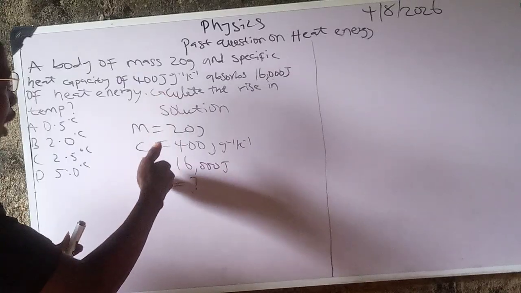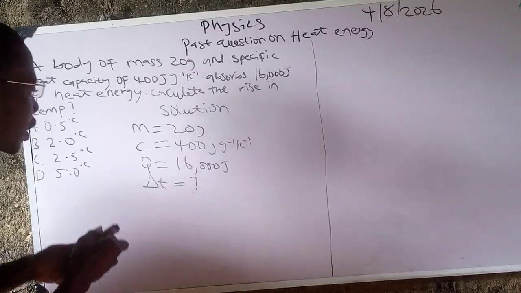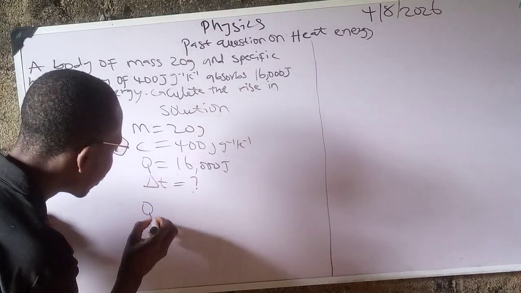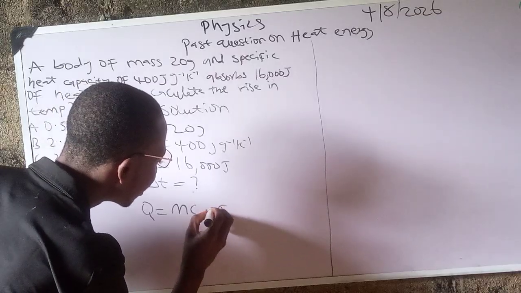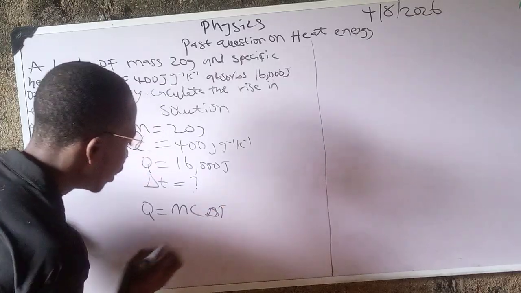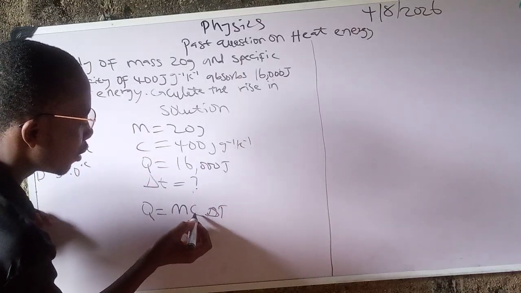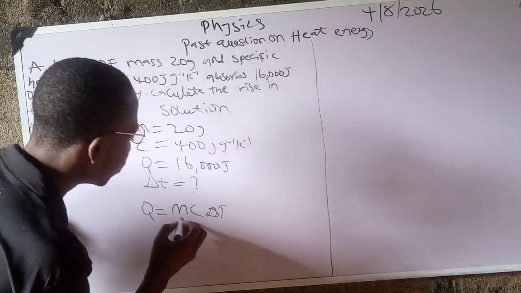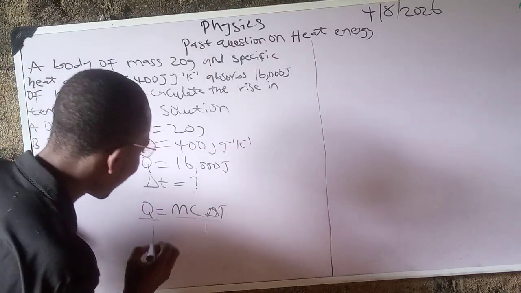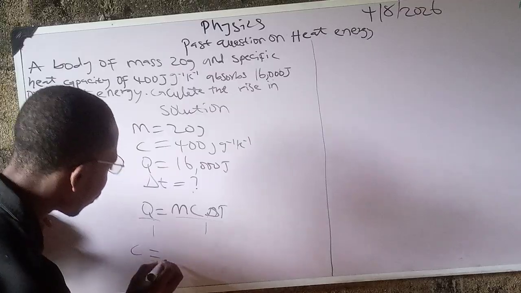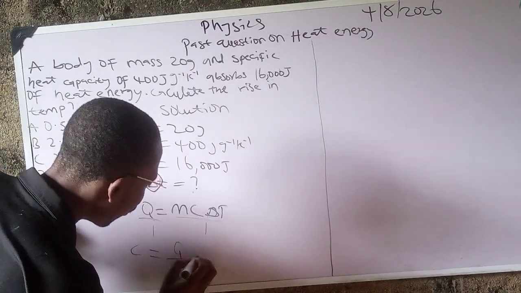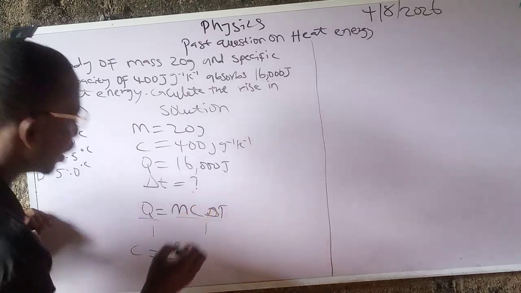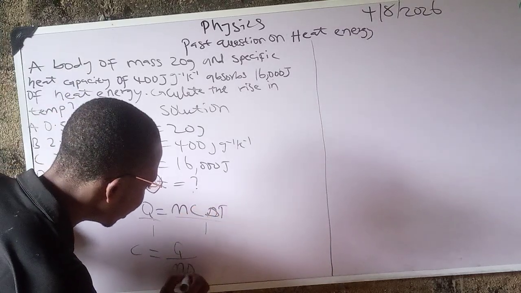So if you want to derive this SI unit of capacity, now it will be Q equals to M C change in T. If you want to make specific heat capacity the subject of the formula, C will be equals to Q over M change in T.